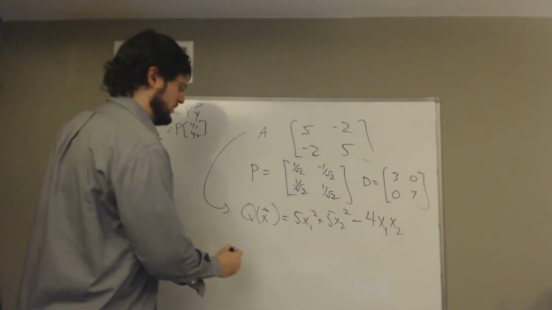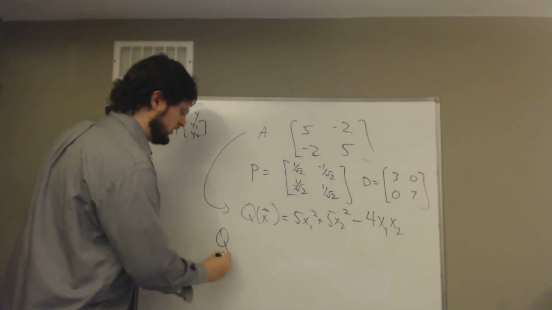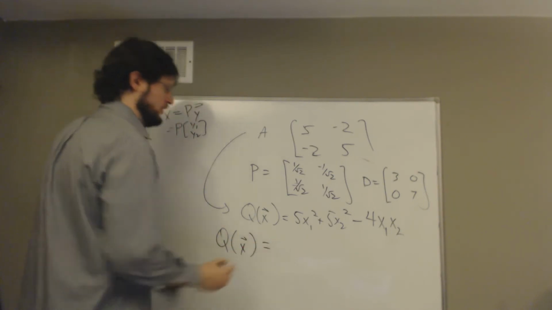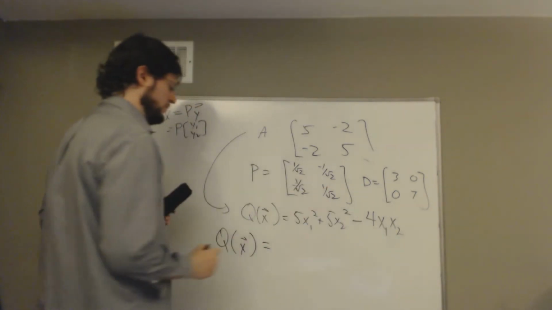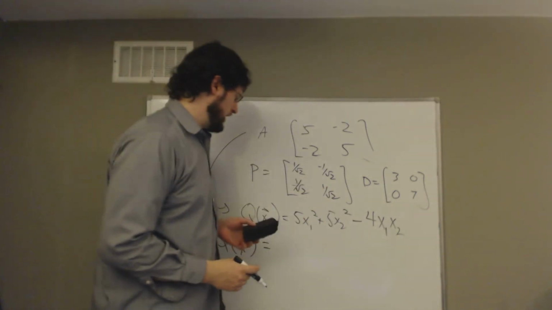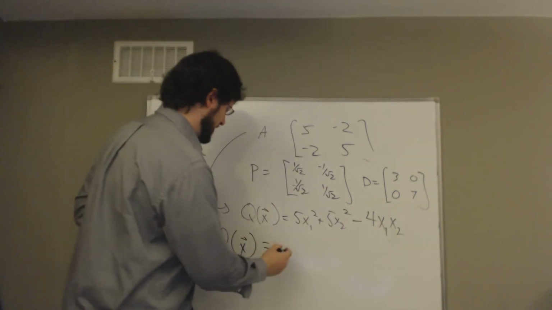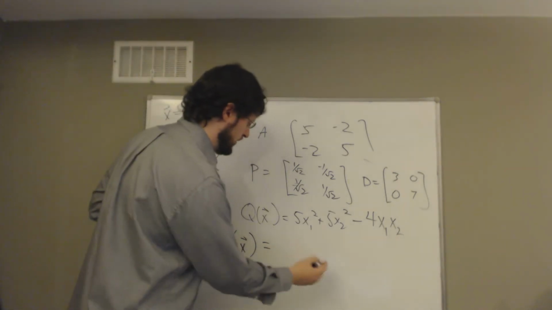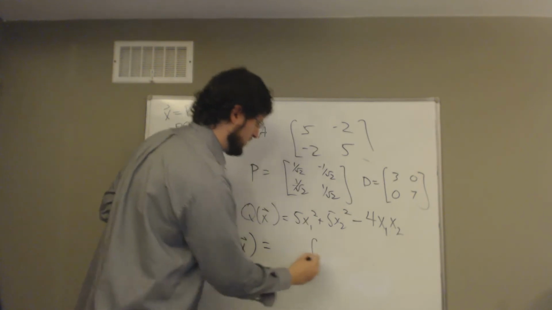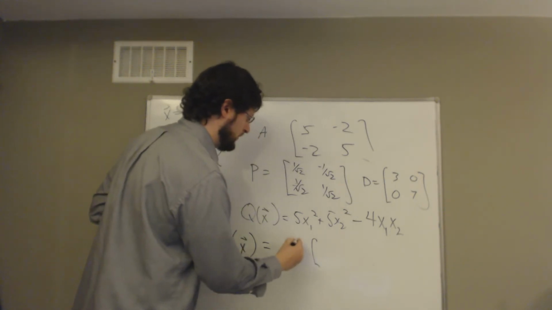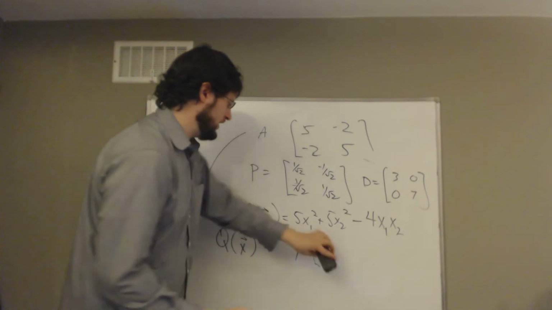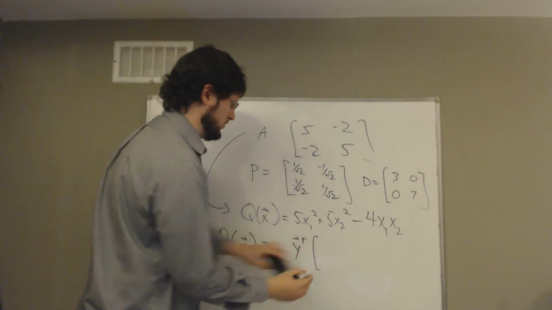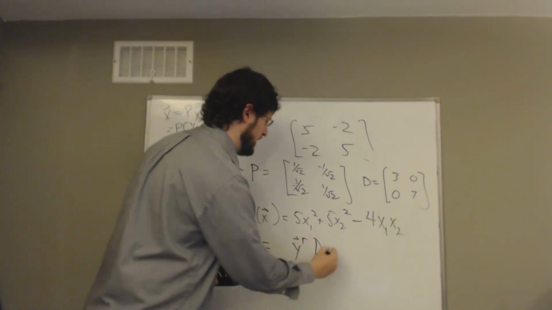My claim is that Q of any vector x, according to this quadratic form, is exactly the same as y transpose times D, which was our matrix here, times y.